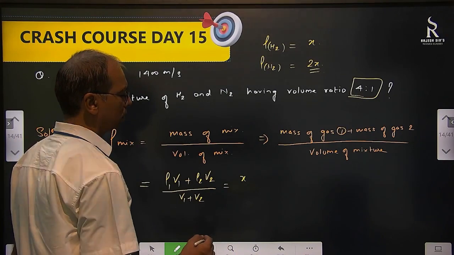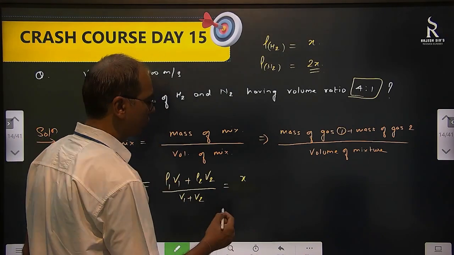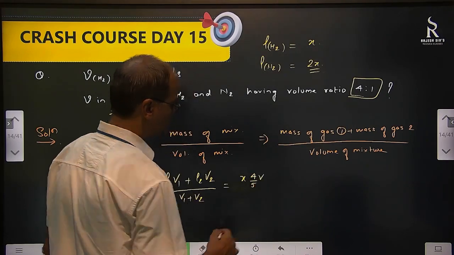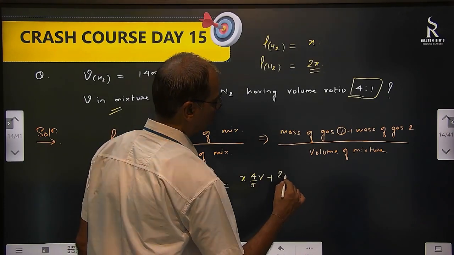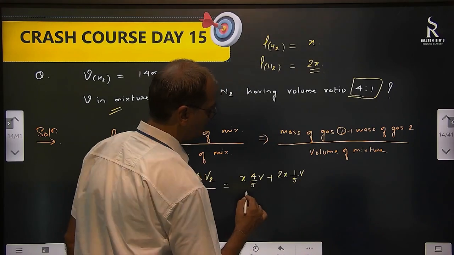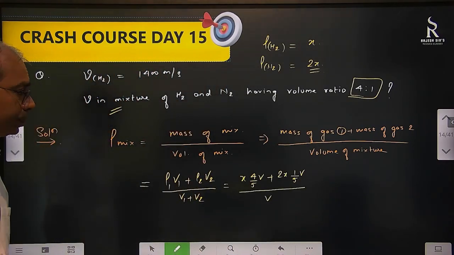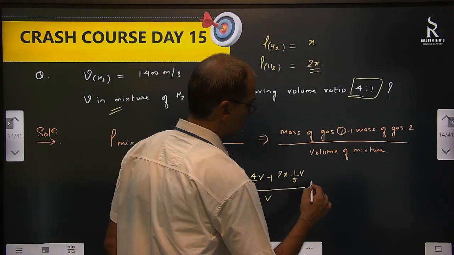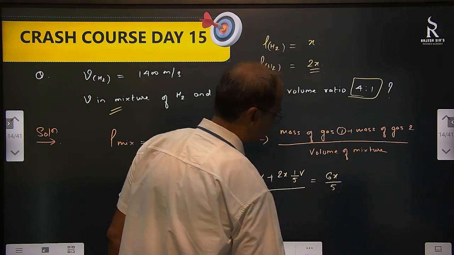So 4/5 of volume I am writing for hydrogen, plus nitrogen, this is 2x, and this is 1/5 of the volume by total volume. So what we got? V gets cancelled. It is 4x by 5, this is 2x by 5. This will come as 6x by 5. So that is density of the mixture.